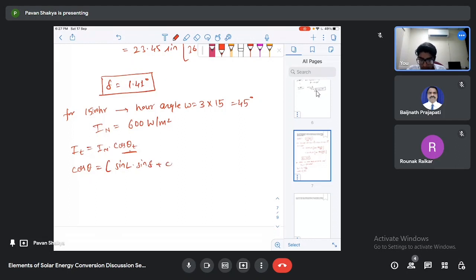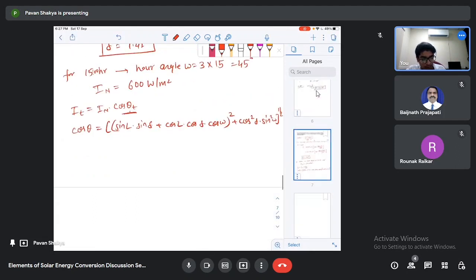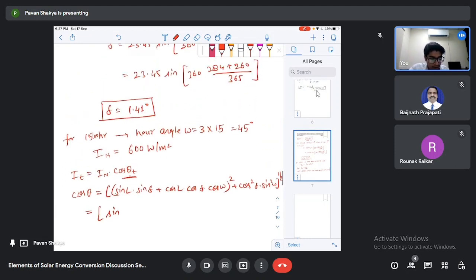Sin delta plus cos L... now you can put all the values that are known.